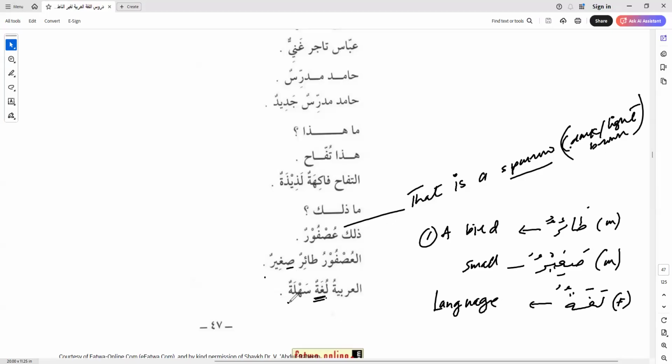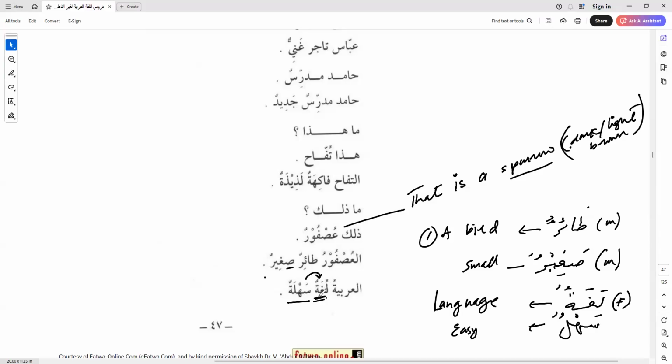So sahla, the word sahla is from the word sahlun. When something is sahlun, it's easy to do or easy to learn. Sahlun, easy. Now, here it's being used as an adjective to describe the language.